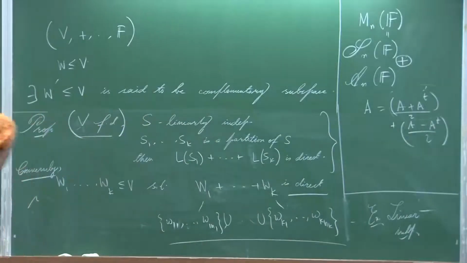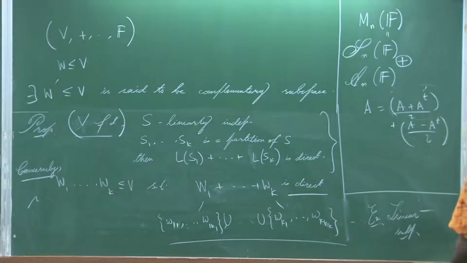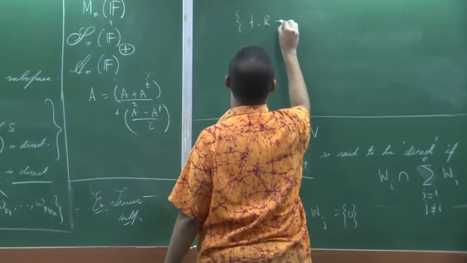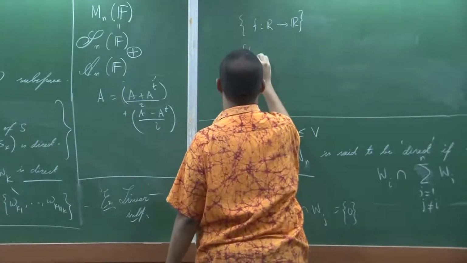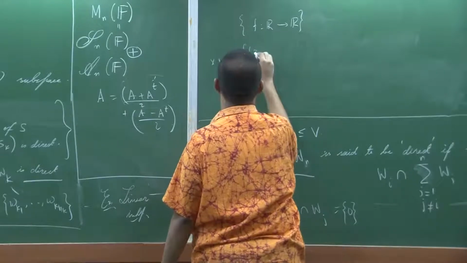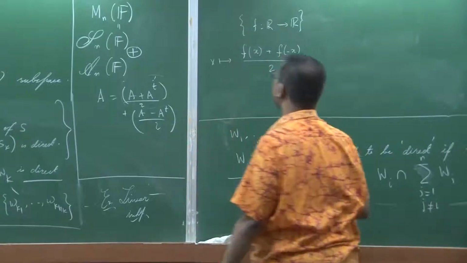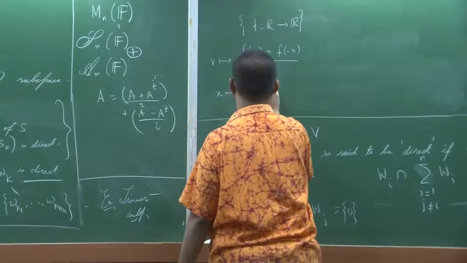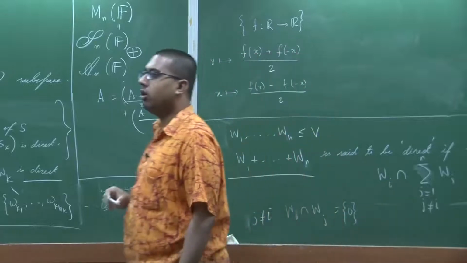And one more similar example, for the space of functions. If we consider the space of all functions from R to R, it is a vector space over R. Then we can consider the function which sends each real number x to (f of x plus f of minus x) by 2. This is an even function. Similarly, the function (f of x minus f of minus x) by 2 is an odd function.